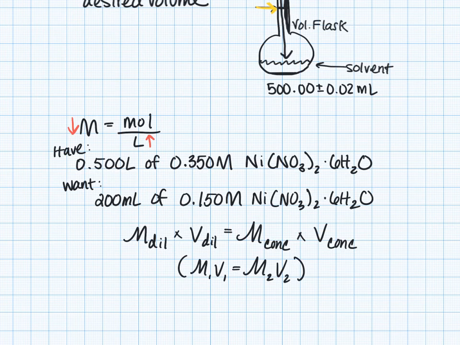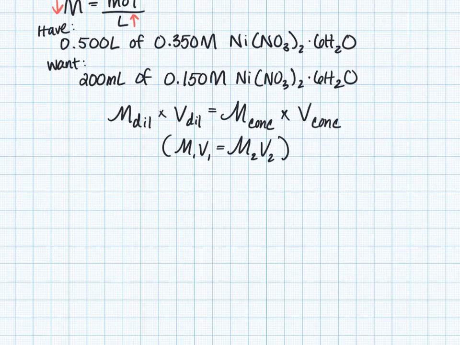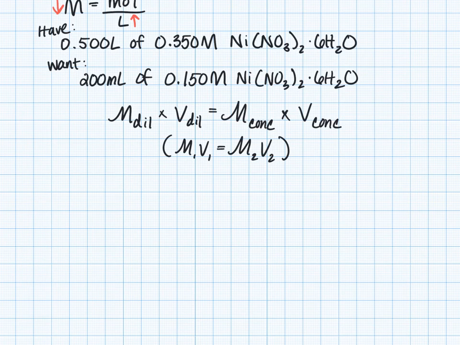What I have originally written is M diluted times V diluted equals M concentrated times V concentrated. There's many different subscripts that you could associate with the molarity and the volume, but typically you'll see it in one of these two fashions. So let's learn how to plug in the numbers that we have with this formula that I have just written down.